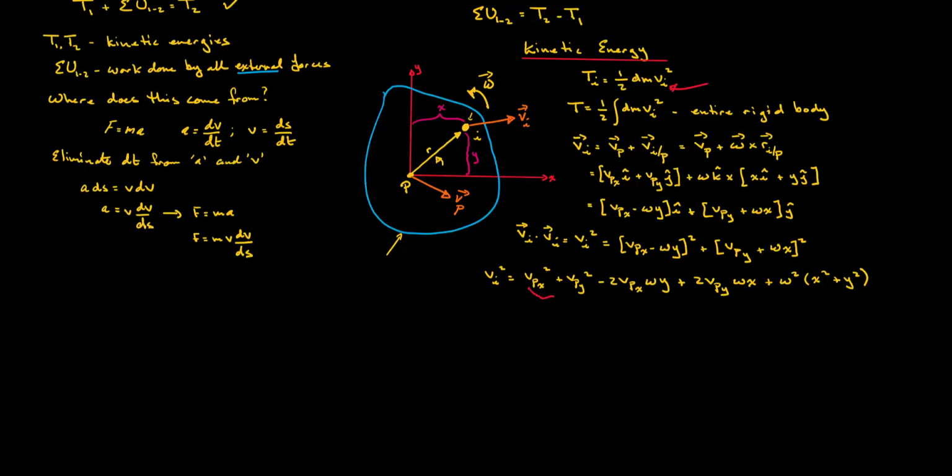We see here that Vpx squared plus Vpy squared will simply be Vp squared. This is just the summation of the square of each component, so that's the square of the velocity magnitude at point P. And over here, x squared plus y squared will just be our relative position vector squared. So that's just r squared.